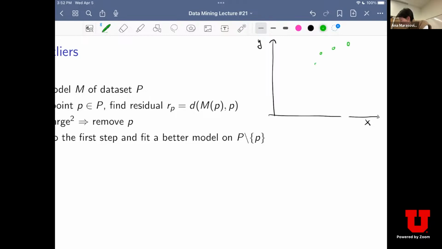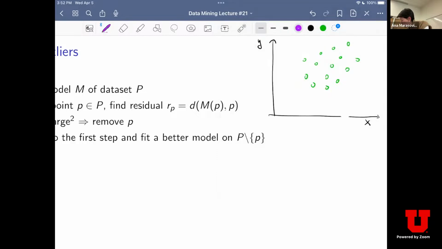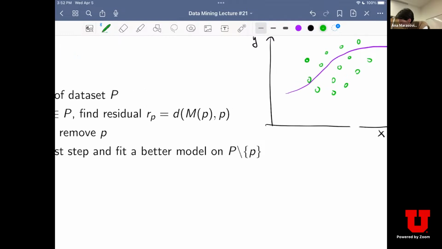Okay, we have points and we have some kind of polynomial. I was doing projection, but basically the residual, let's say for this point over here, this is the y value, and this is the y value that we have figured out from x.